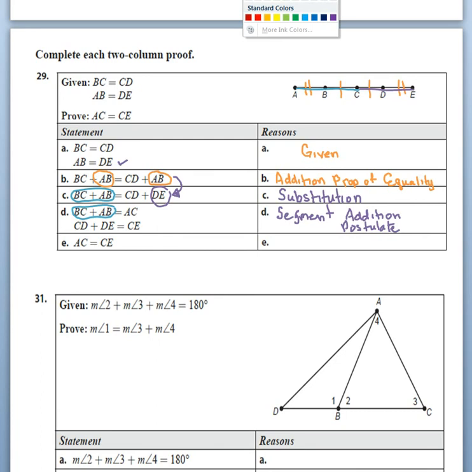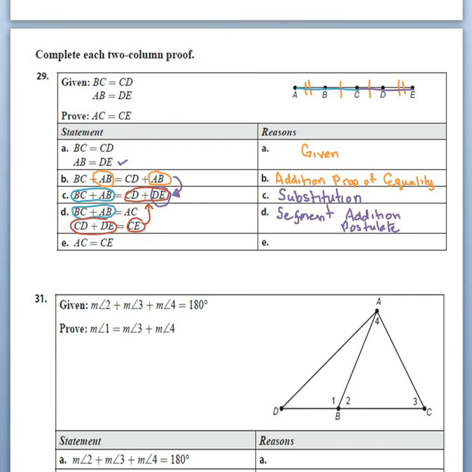We'll just make this all color-coded here. We have CD plus DE and CD plus DE. Okay? Well, what is CD plus DE equal to? CE. So what I could do in statement C is I can replace that entire right side, the entire CD plus DE, with CE.